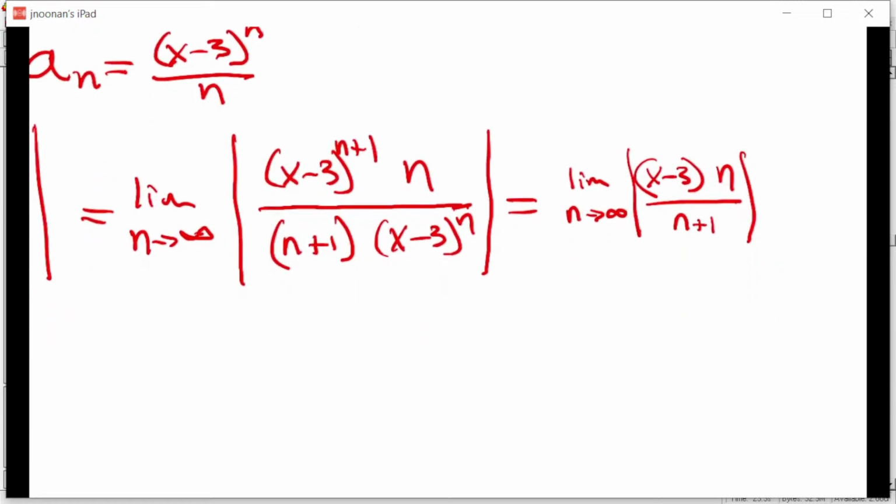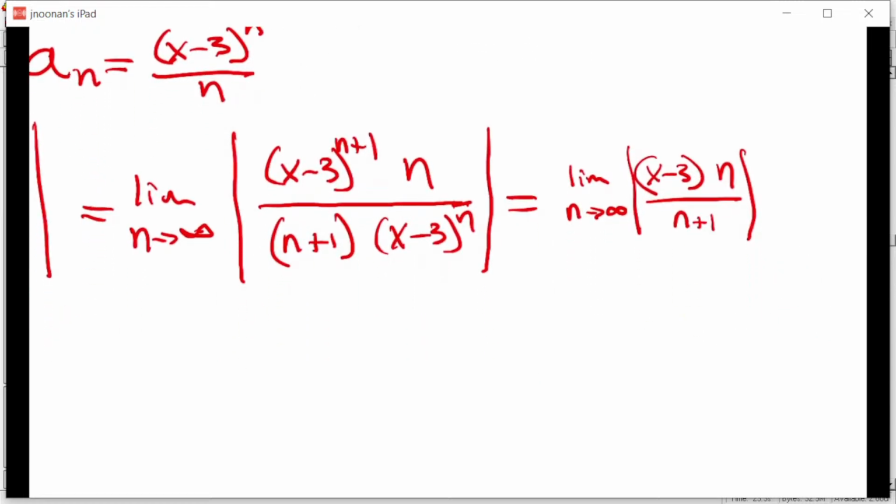All right, now for the hard part. We've got to do this limit, the limit as n approaches infinity of this stuff. There's a trick I can show you, but I'd like to see if you can do it. It's not that big a deal of a trick, but I don't want to blow your mind before you actually figure it out. Because if I show you the trick, then you're going to say, where'd that come from?